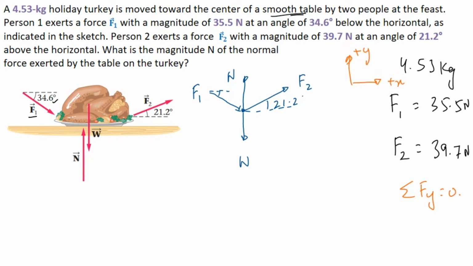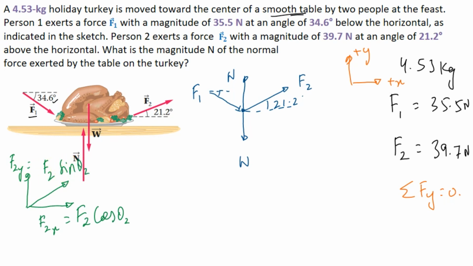Now the force F2 will have two components in the x and the y direction, so I'm making it here. This is force F2. Its x component is F2x, which is F2 cosine theta 2, and in the vertical direction we have F2y, which is equal to F2 sine theta 2.